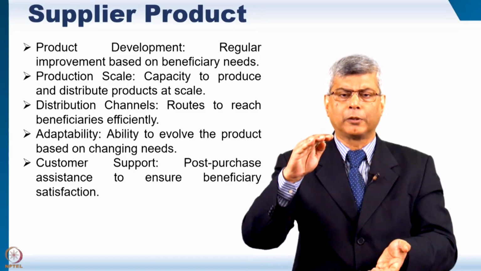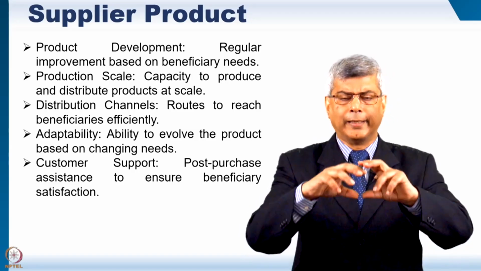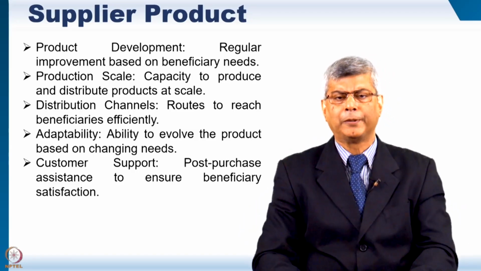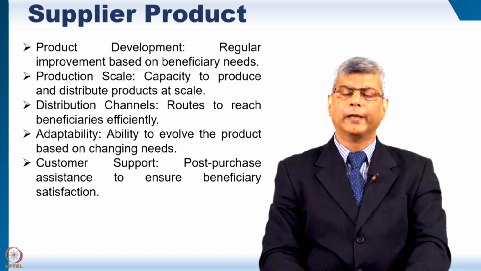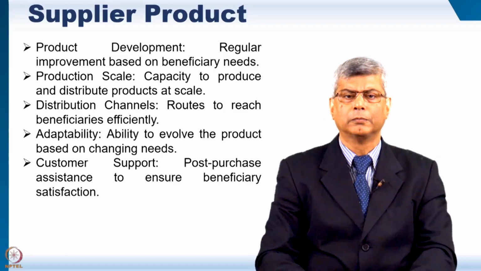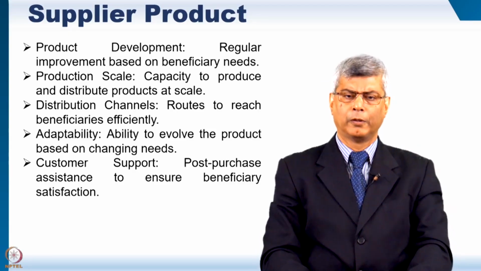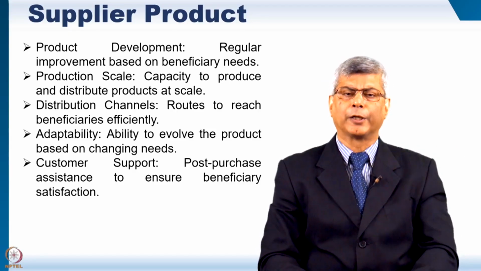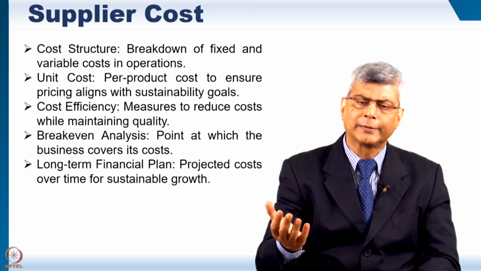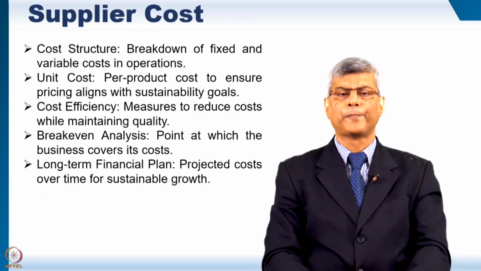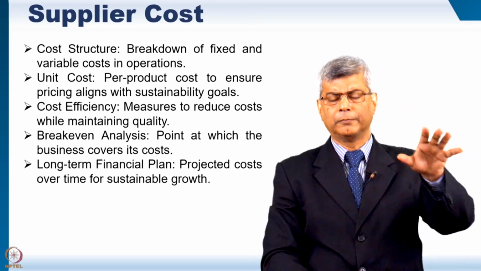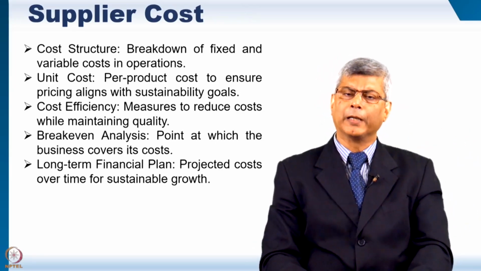Is it a small bottle, big bottle? The labeling. Do you want to put a label, not put a label? You may want to buy the sugar to put in the jam, some salt, some spicing. So these are all supplier products. And you need to have the supplies and the supplier cost. So as I said, some of it may be free, some of it may be costing money.